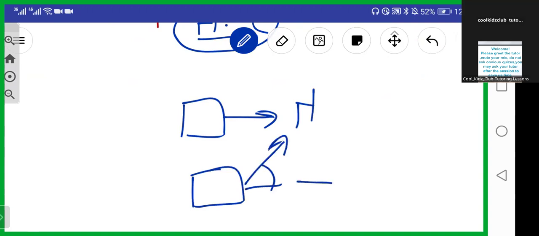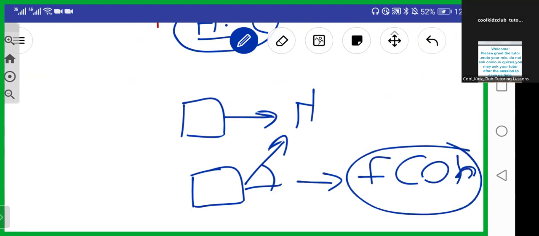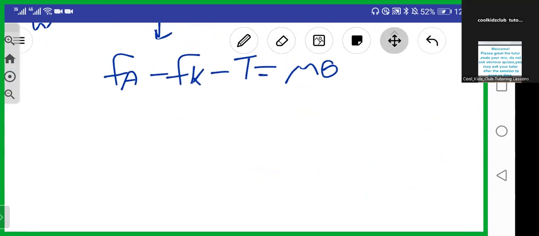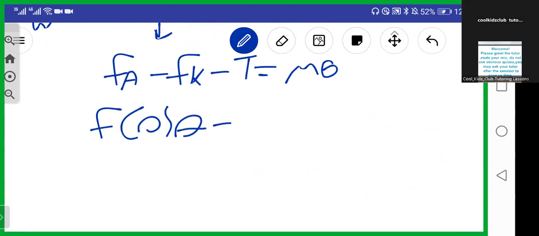So when it is pulled at a certain angle, the force will multiply the angle, the cos theta. Please remember that.